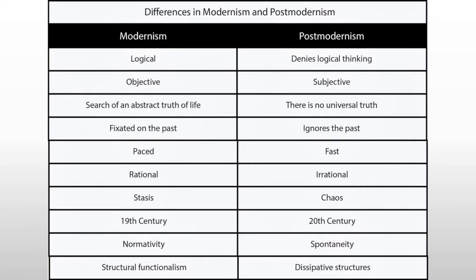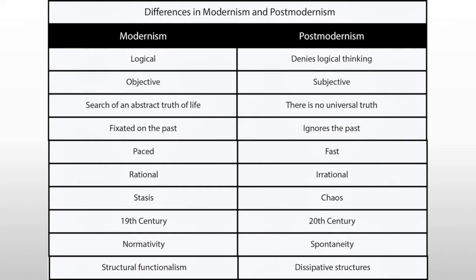We will see the idea of normative behavior in modernism, the idea being that there's a certain normal envelope in which people should live, versus postmodernism, which looks more at spontaneity. We have structuralism in modernism, whereas we have dissipative structures.